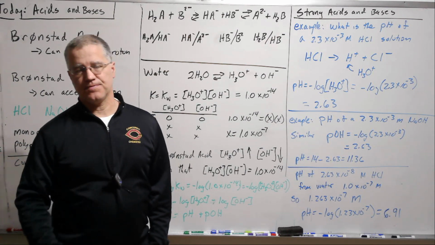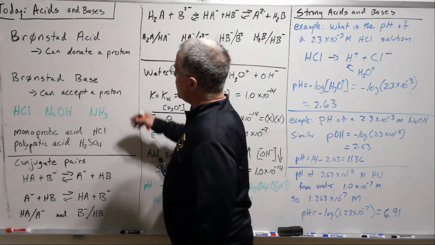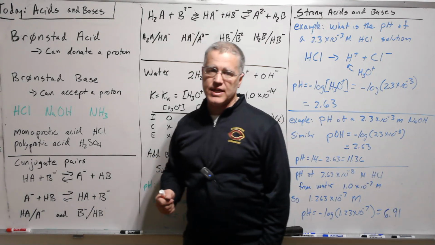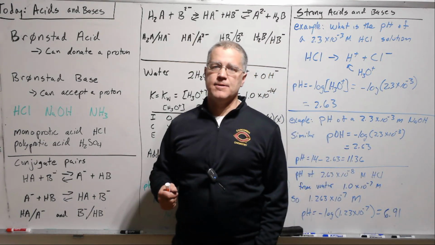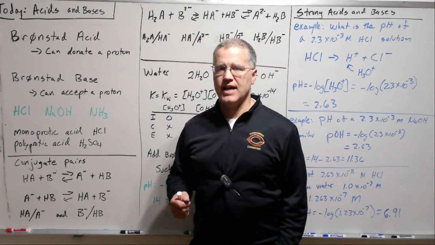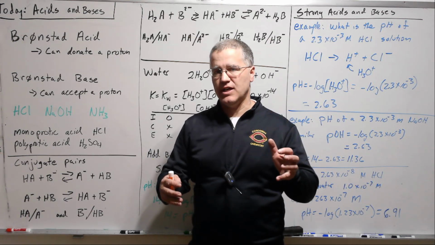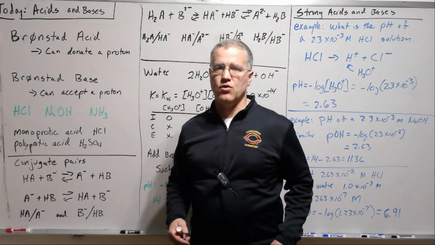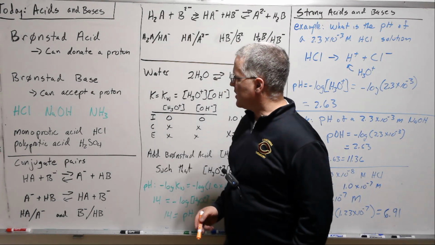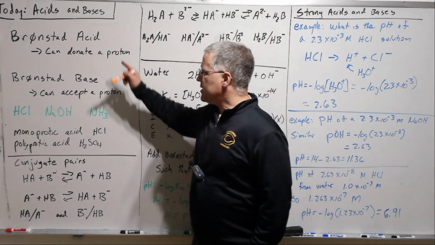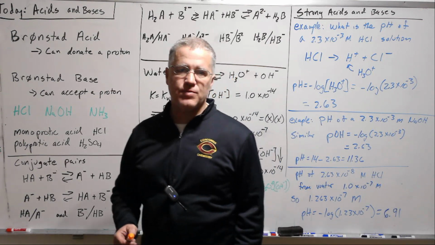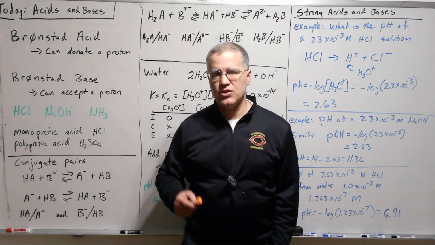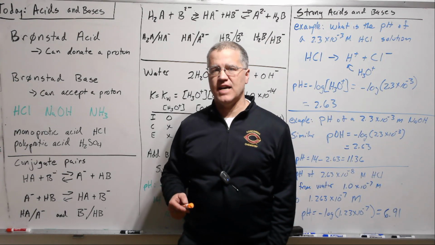All right, so we've talked about an electrolytic acid, which is an acid that breaks up into an H+. We talked about an electrolytic base that breaks up into an OH- and then some other counterion. Well, we're going to expand the concept of an acid a little bit in what's called the Brønsted-Lowry definition of an acid.